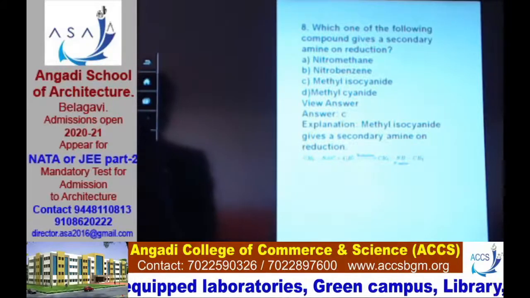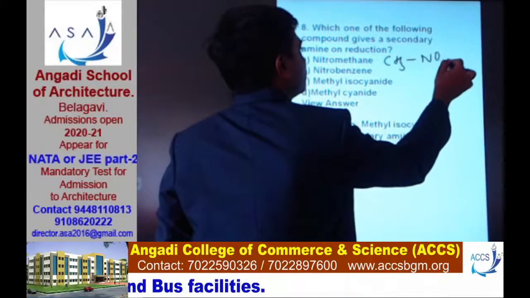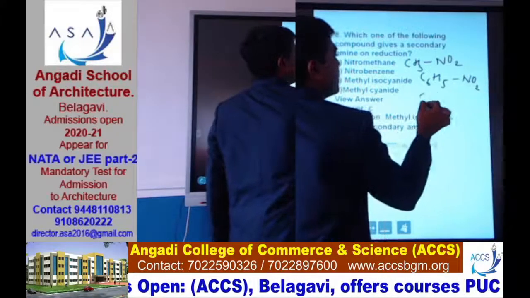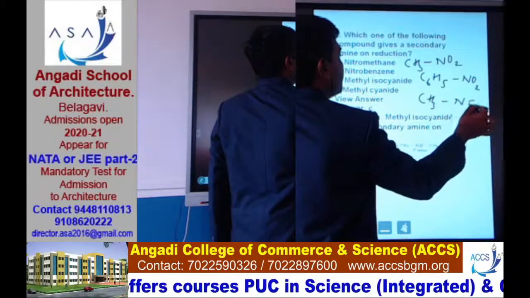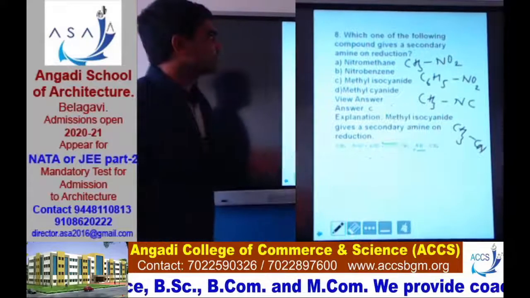Here, if I take the formulas: CH3NO2, C6H5NO2, CH3NC, and the last one is CH3CN. These are the four compounds.